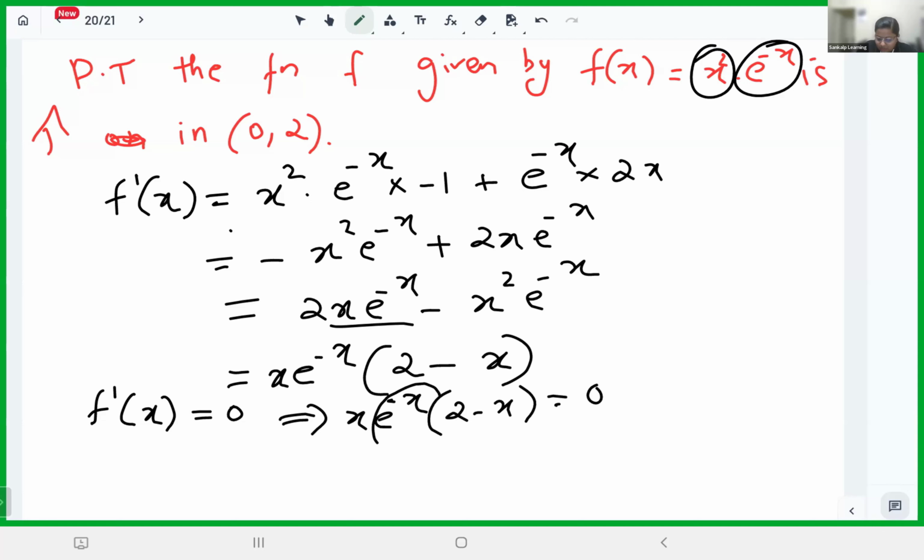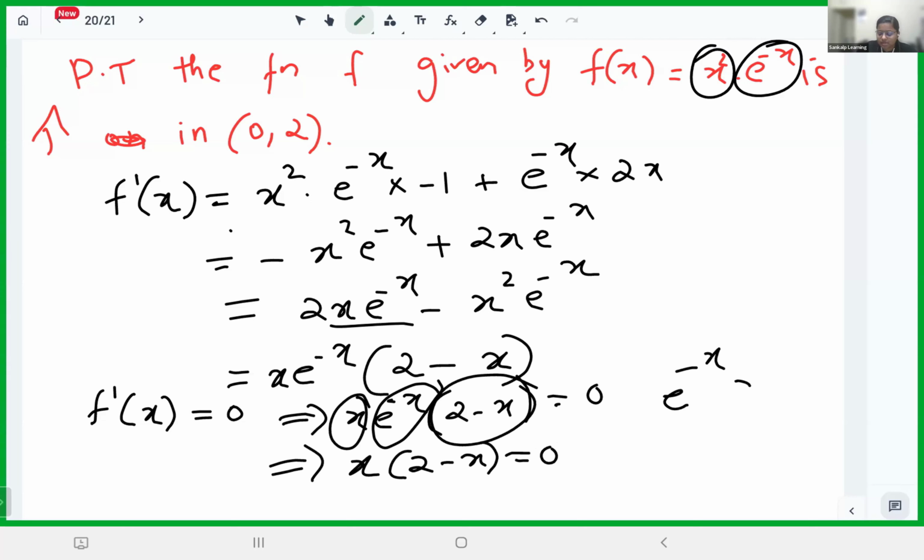We know that e raised to minus x is always greater than 0, always positive for any x element of R. So you need to consider only this part, that is x into 2 minus x.